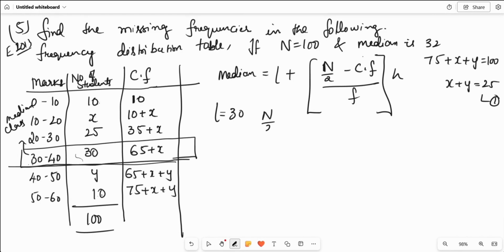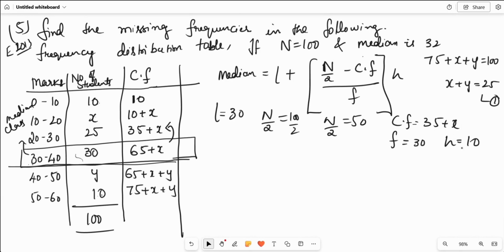N by 2 will be 100 by 2. So n by 2 is 50. CF will be, yeah, earlier than this, 35 plus x. And F is the frequency of the median class. So that is 30. And H is the class size, 10 minus 0. It is 10. Okay.